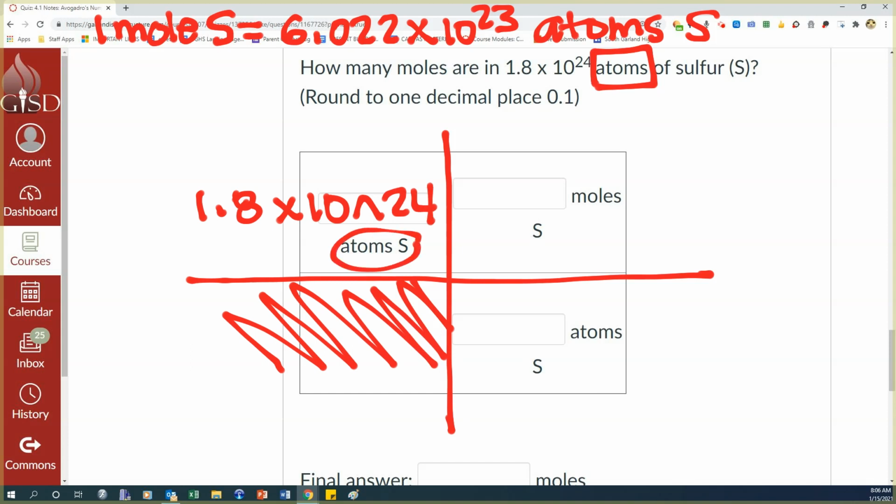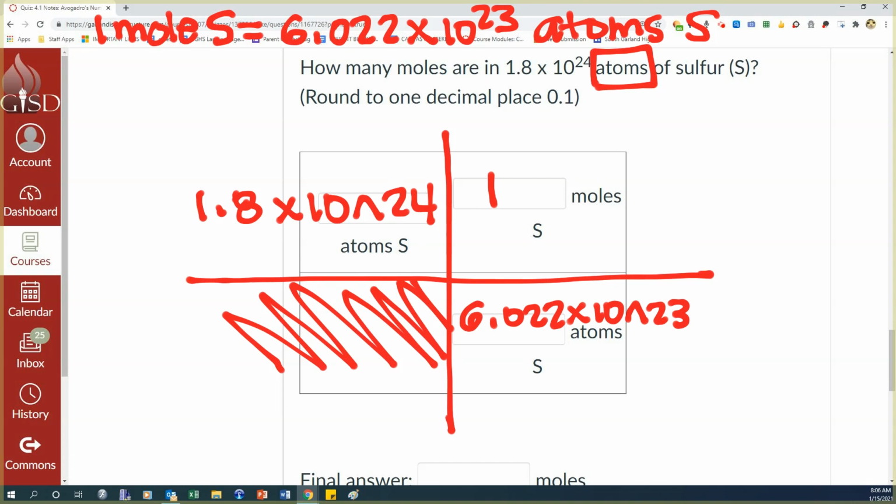Since atoms is here, you should see atoms at the bottom right here. So what goes at the bottom is your 6.022 times 10 to the 23rd, and what goes on the top should be your 1 mole S.